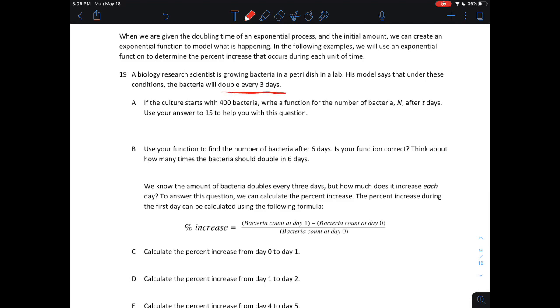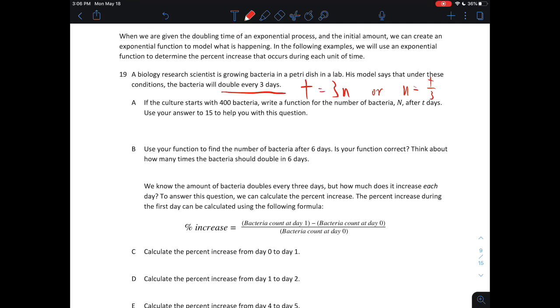So just like we would have seen in number 15, we could have said something like t, the number of years, is 3 times the number of periods it takes to double, or you could say that n is equal to t divided by 3. Just like in number 15, we said n was equal to t divided by 4 because it took 4 years to double. Here we're saying 3, as in days, it takes to double.